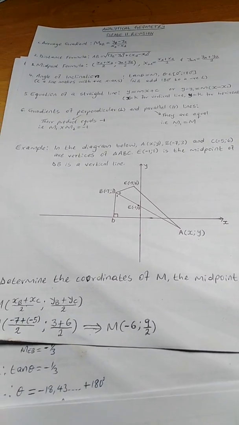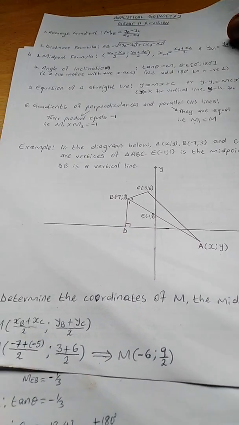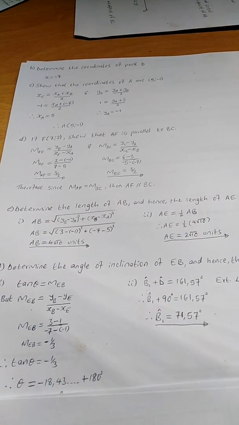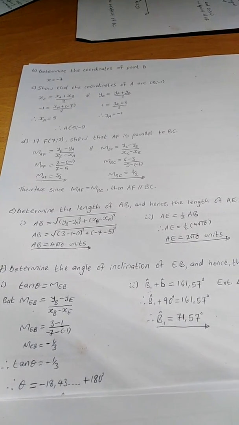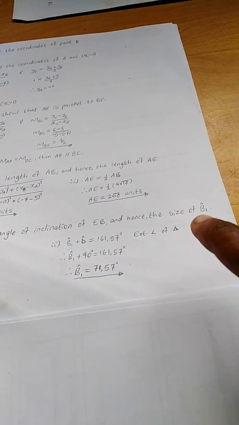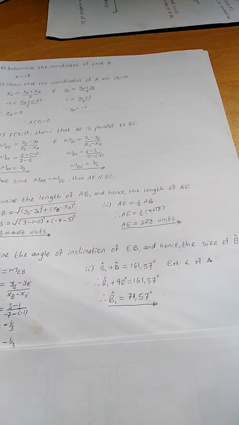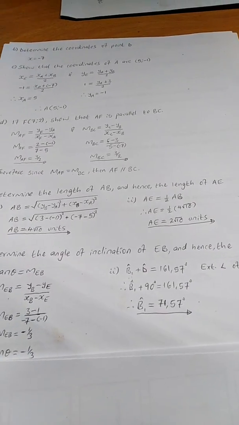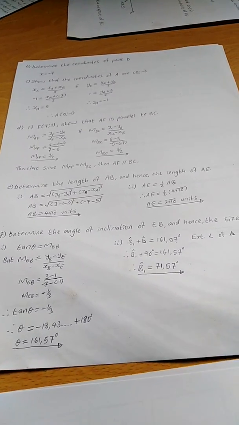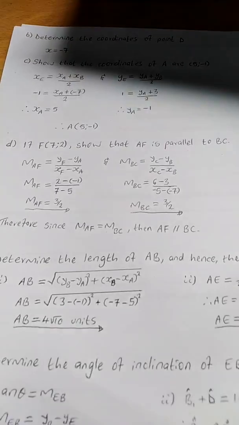So, at some point, you're told that in grade 9 actually, that the sum of the opposite interior angles is equal to the exterior angle. So this is what we used actually here. Hence why I wrote there is an exterior angle of a triangle. So we arrive at B1 being 71.57.